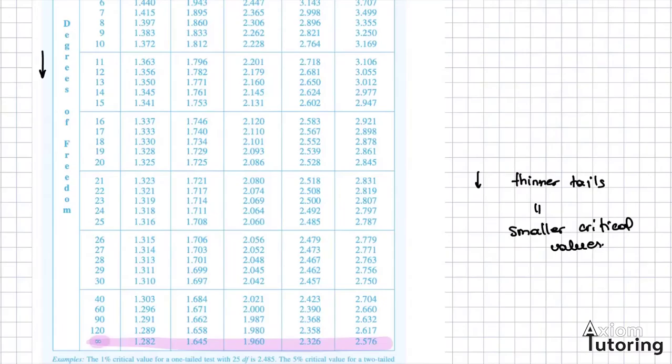Of course, for the numbers provided in here, the values becoming smaller might not be exactly evident because they move from 1.3 to 1.2, but nevertheless, they are becoming smaller.